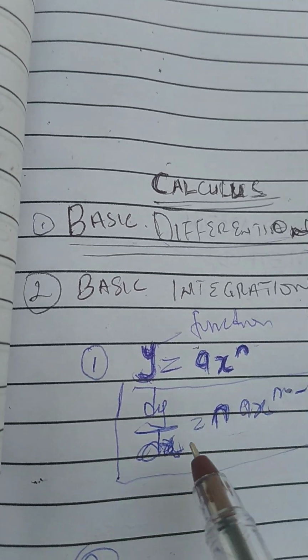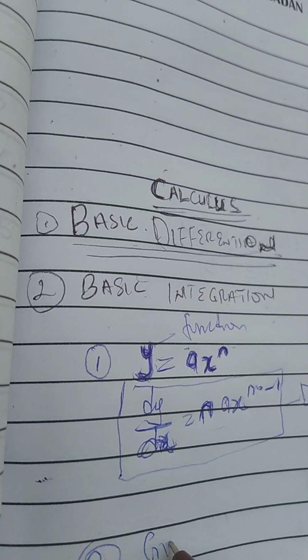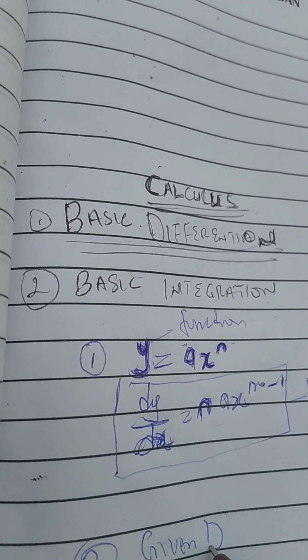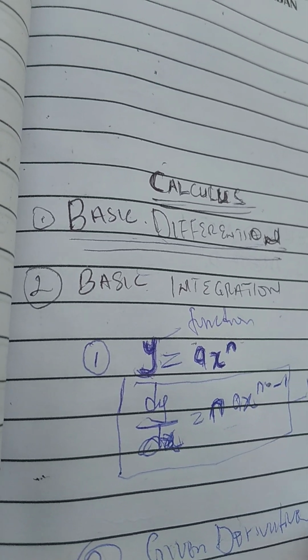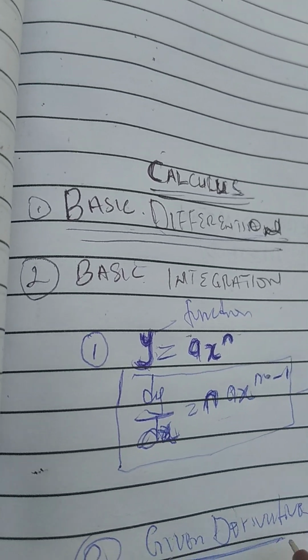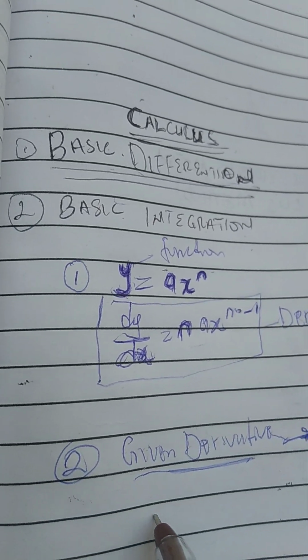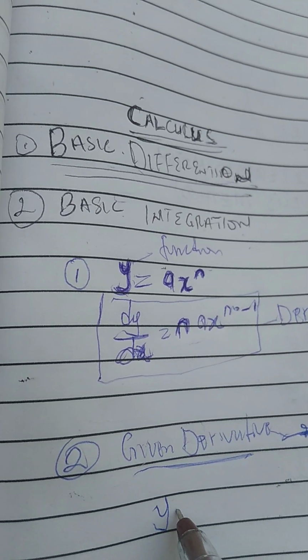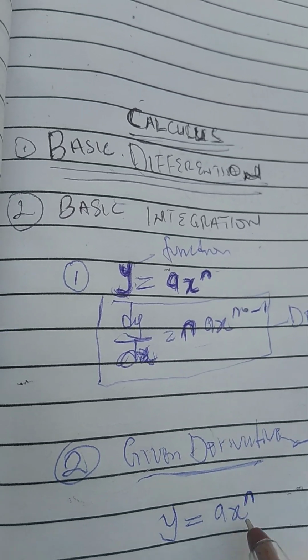So in integration, we are given a derivative. Then we want to find the function that leads to this derivative. How do we do it? Let's say the derivative is given as a x raised to power n.